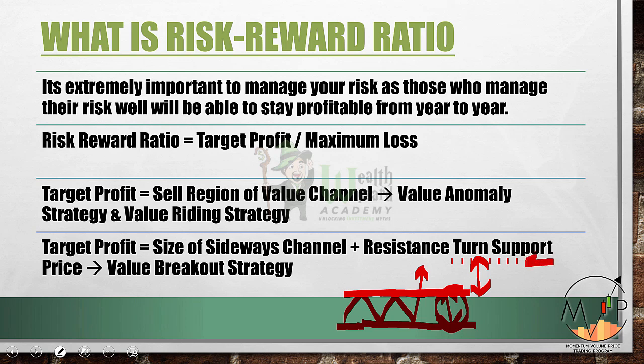So this is your target profit for a value breakout strategy. It doesn't mean that the price wouldn't go higher than this level. What I'm saying is that we will set that as the benchmark for our first target profit.